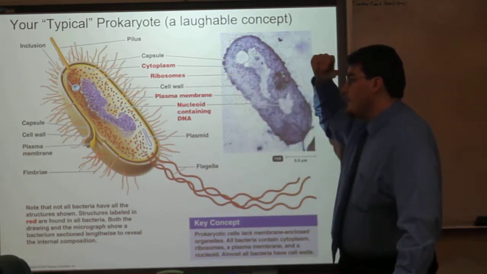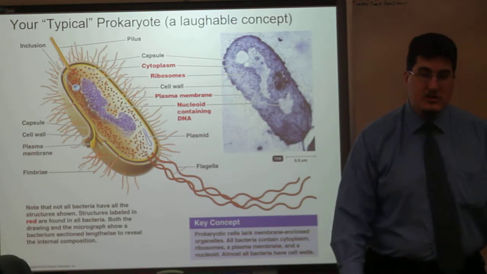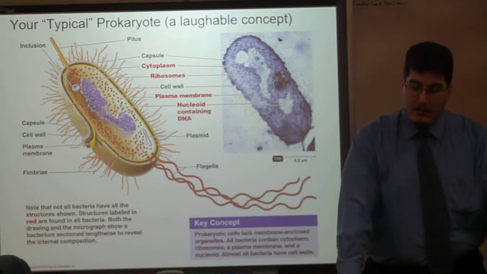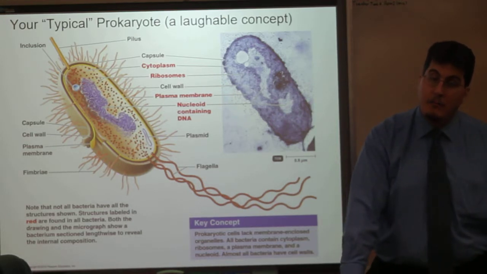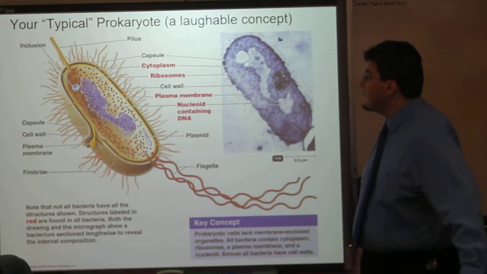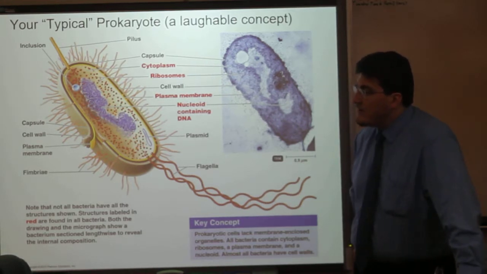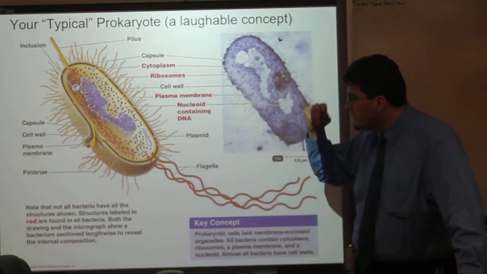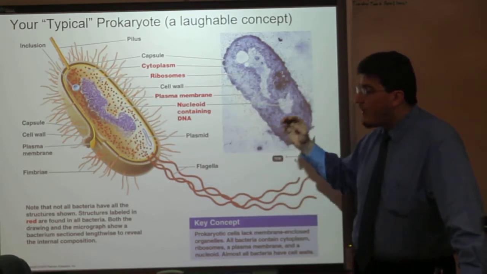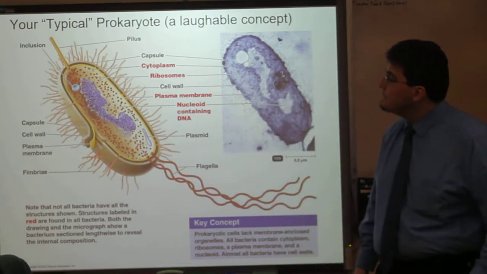Flagella and cilia. These are motile extensions of the prokaryote, which are composed primarily of microtubules. And flagella are longer, and they have a whip-like motion, whereas cilia tend to be shorter, and they have a back and forth waving motion.